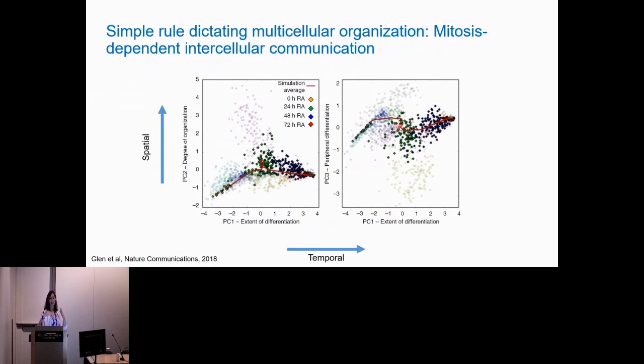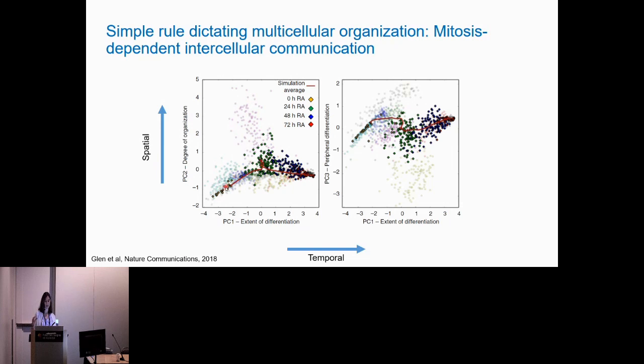And he noticed that he could create these various metrics that represent the temporal aspect of differentiation, spatial, amount of randomness. And so his synthetic data set, which is in this transparent coloring, spans a lot of these principal components, whereas his experimental data set lands within a very narrow regime of this.